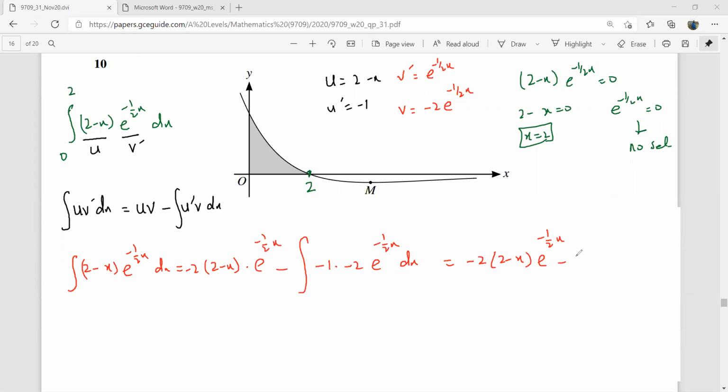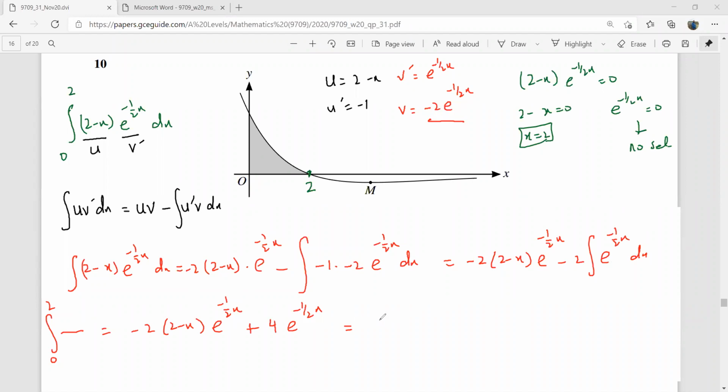We have minus 2 e raised to power minus half x left here. So this, with limit from 0 to 2, is going to be minus 2 into 2 minus x e raised to power minus half x plus 4 e raised to power minus half x, because this will again be integrated as minus 2 into all of this. So minus 2 into minus 2 will give you plus 4.